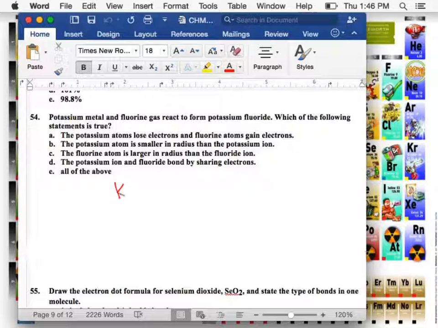Potassium metal, K solid, and fluorine gas, F2. Why is it F2? Fluorine's a diatomic. Okay. Potassium metal and fluorine gas react with each other in a combination style reaction. We end up forming KF. Ooh, I don't know the phase.